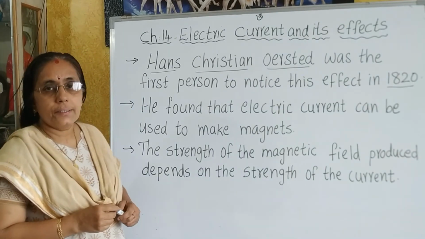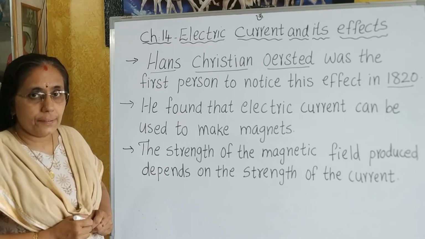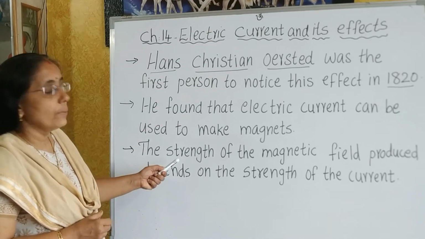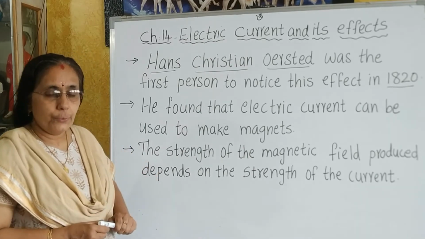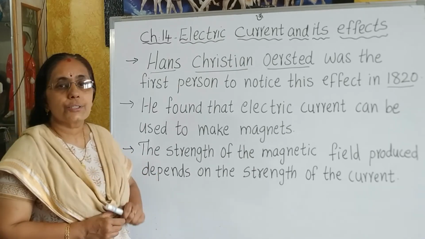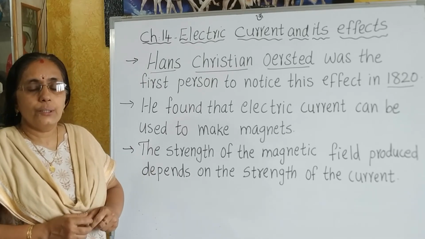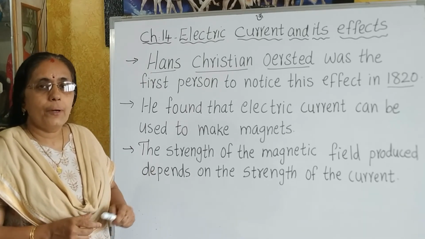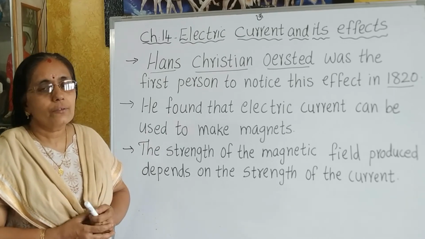He found that electric current can be used to make magnets, and he also proved that the strength of the magnetic field produced depends on the strength of the current. See children, in your higher classes you will learn in detail about Ørsted's experiment in electromagnetism.